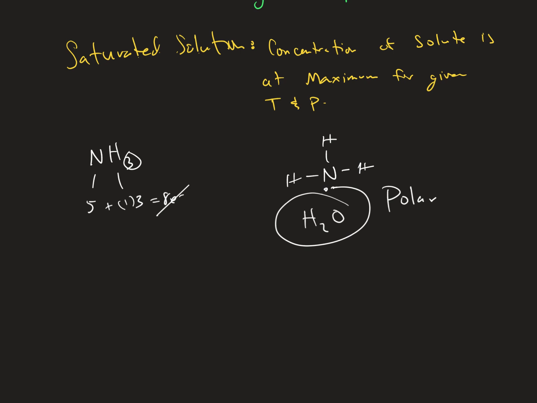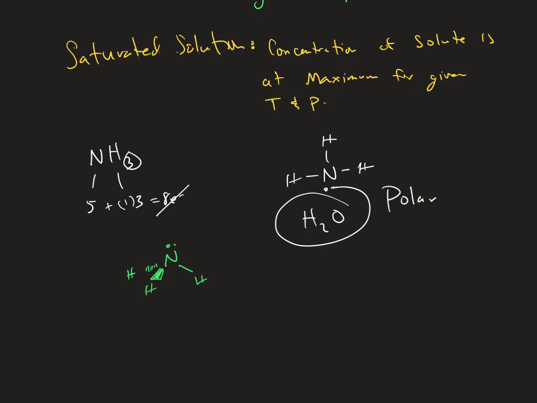Now, if there wasn't a lone pair, then we would have to draw the molecular geometry of it. Then determine if the bond is polar or not. So H and N. So N is 3 and H is 2.1.